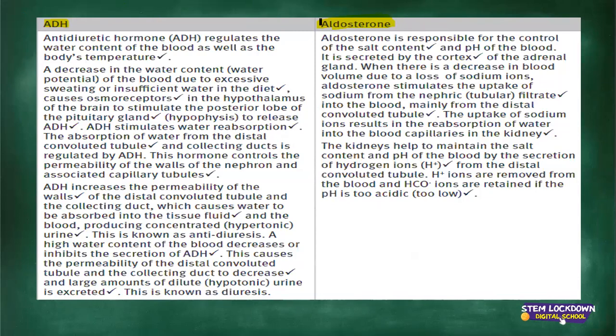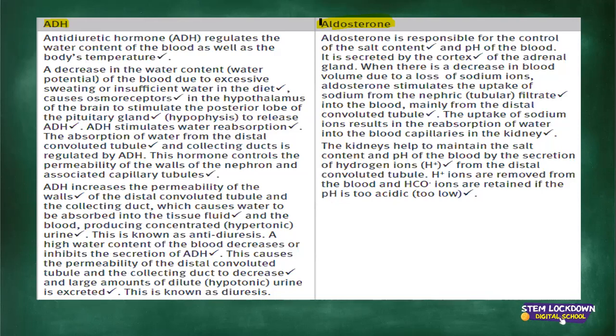But in the kidney particularly, it is involved in regulating the water content of the blood. Then in other processes, it can regulate sweat. But now we are discussing the kidney, so we'll only focus on ADH's functioning in regulating water content.